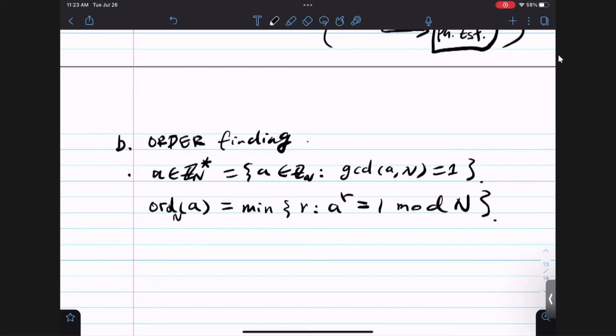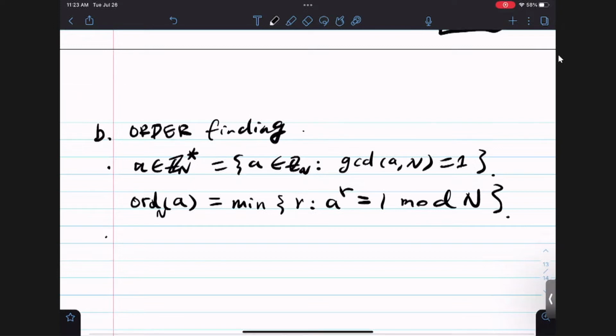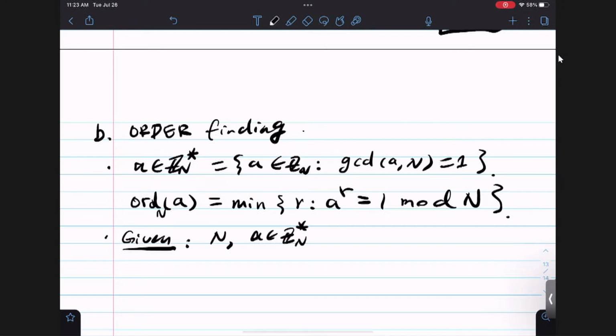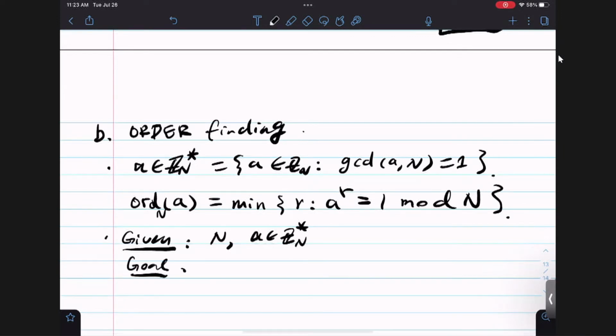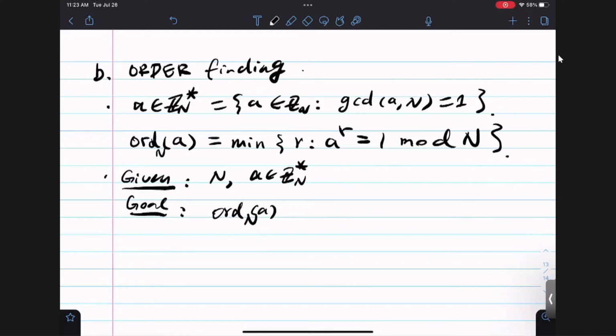So this minimum R is called the order of A. And then the order finding problem is, given a modulus n and the integer A, we want to find the order of A mod n. Okay, is this problem clear?